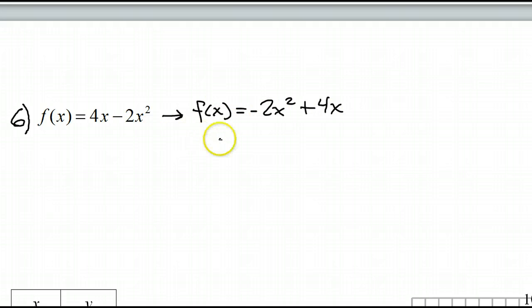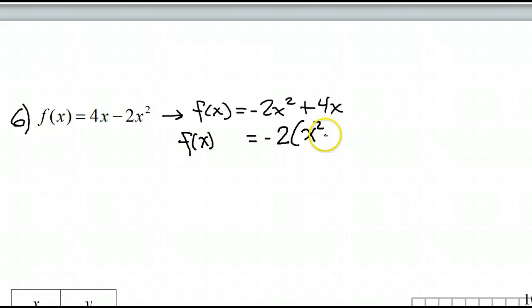So I'm going to have f of x equals, but I need to factor out this common factor, this leading coefficient. So I'm going to pull out the negative 2, so that will leave behind x squared, and then I'm going to have minus 2x.